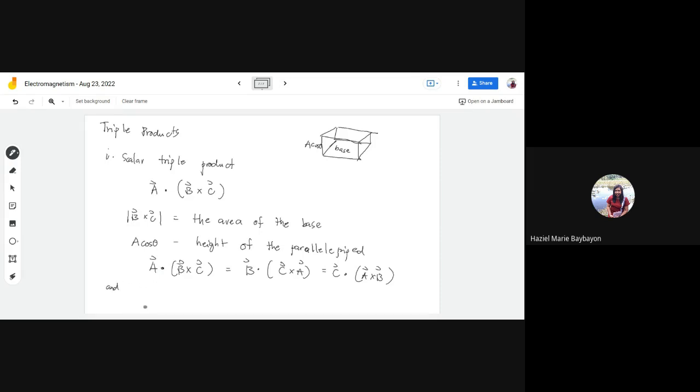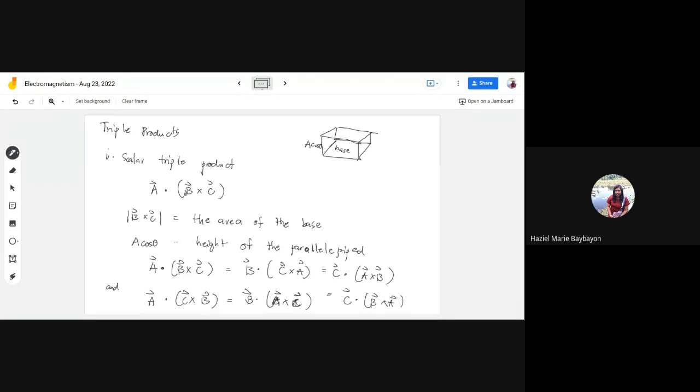And you have A dot C cross B, which is equal to B dot C cross A. It's A cross C, sorry. A cross C, and this is equal to C dot B cross A.